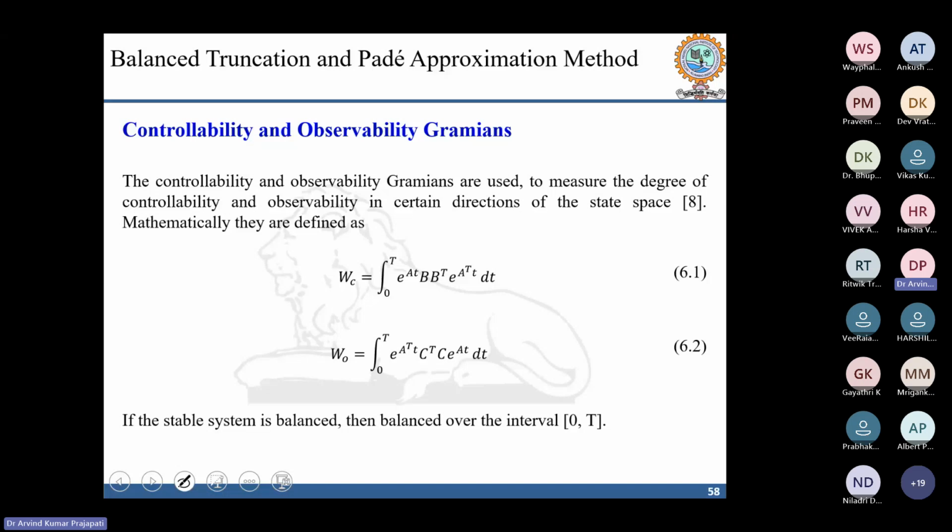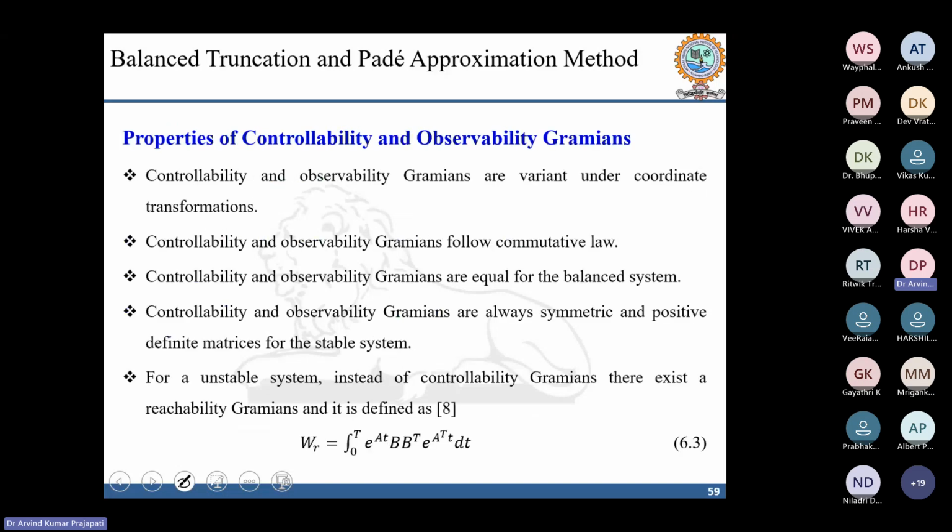Similarly, a system is observable if you can determine the initial values by measuring input and output within a certain time. So the controllability and observability gradients measure the strength of controllability and observability, how controllable and how observable a particular system is.